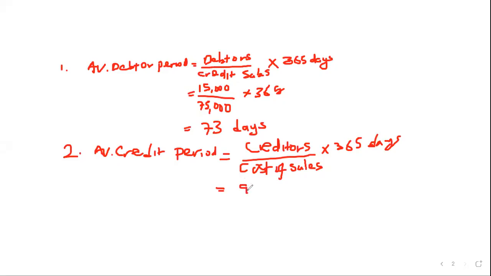So you have 9,000 over 36,000 times 365 days.